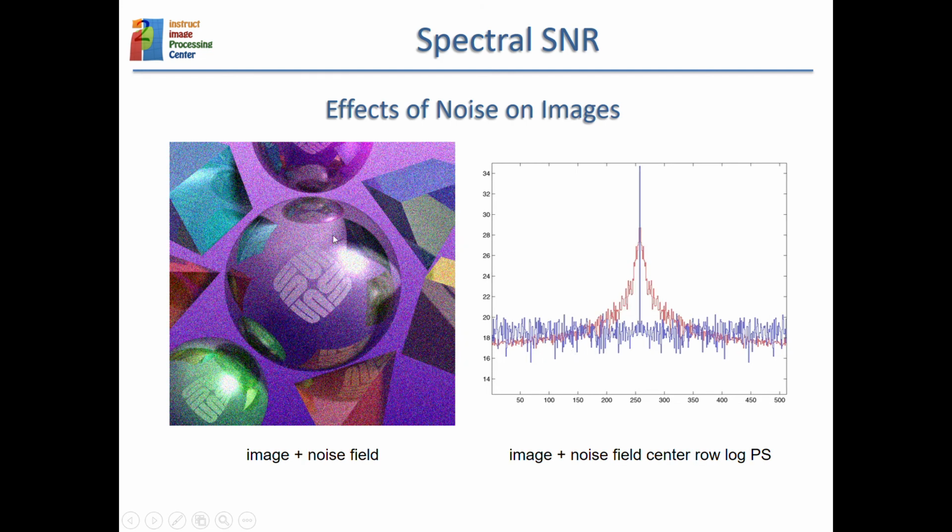When we superpose both, the noisy image, so the image plus noise, has this shape. That means that for some frequency components we have more signal than noise, but for some other frequency components we have more noise than signal.